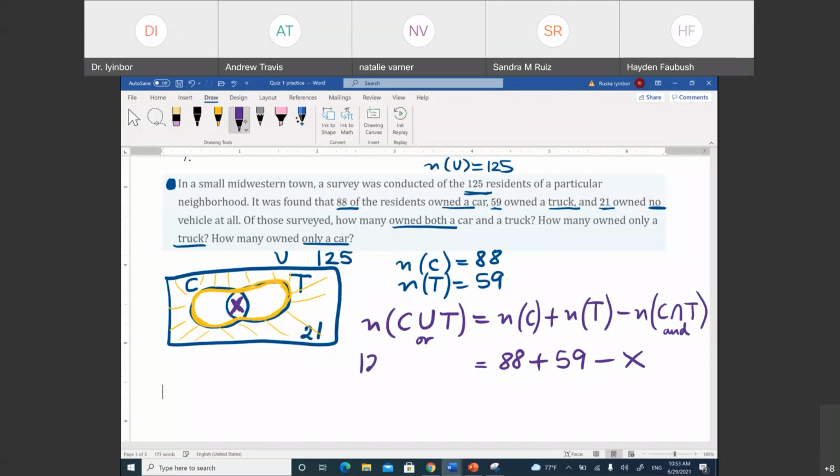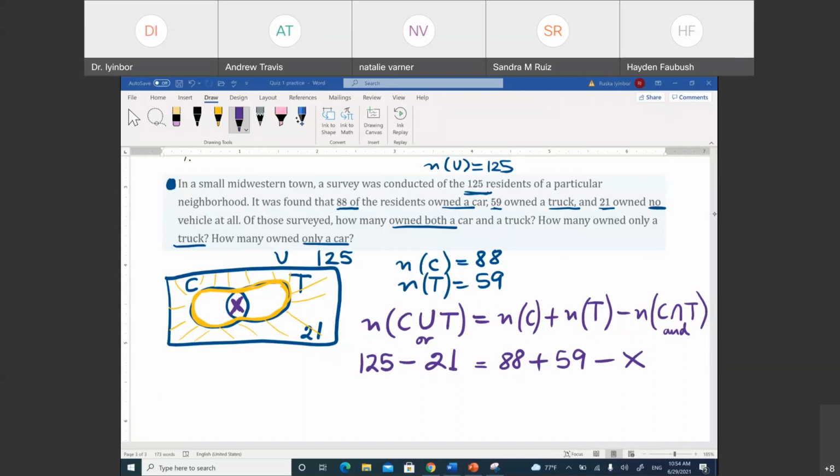From the total number, when I subtract 21, the people who have no cars, no trucks, it's going to give me how many of them own something, right? Make sense? So from this equation, we can find X and we can find the common area.